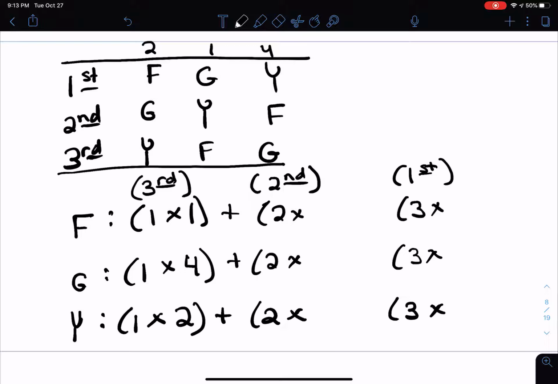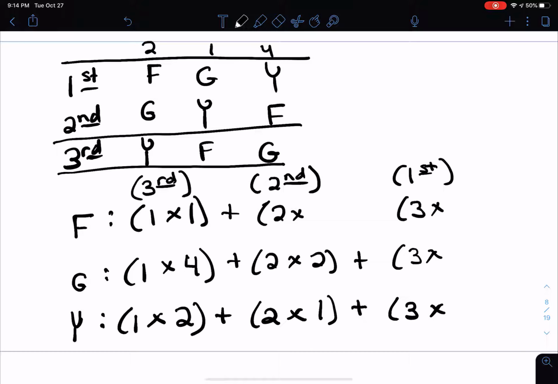Then second place, G had 2 that voted in second place. Looking across the second place row there, Y had 1 that voted in second place. And then F had 4. Then first place, F had 2, G had 1, and Y had 4.